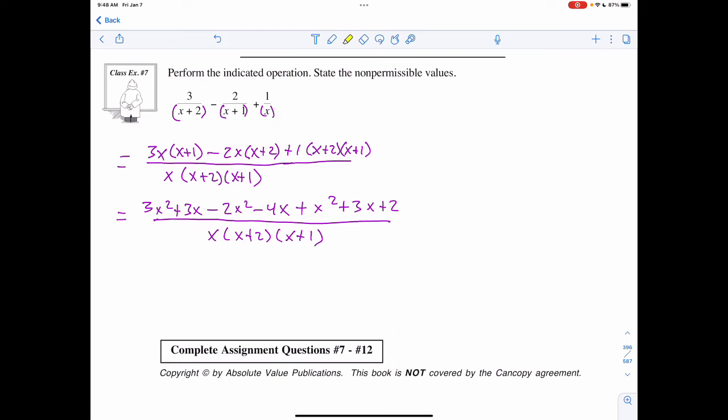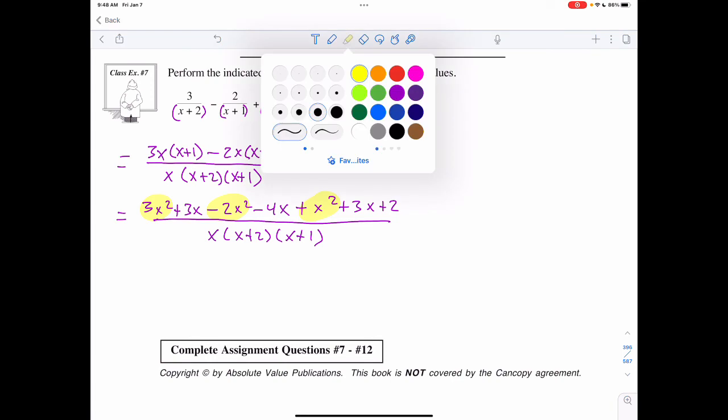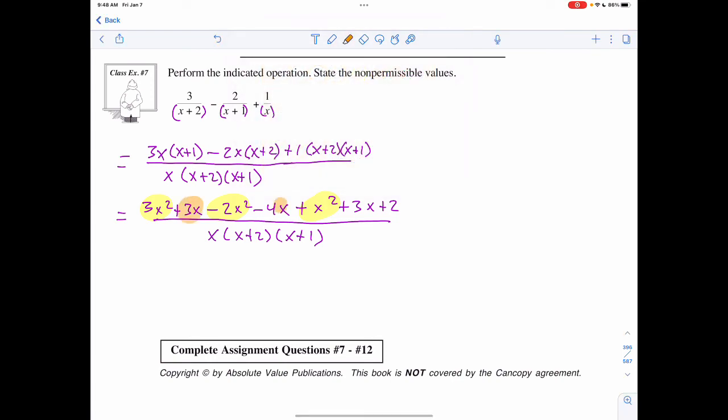I'm going to look for all my x squareds and combine them. I'm going to look for all my x's and combine them. And I only have the one constant, which means that if I did this properly, I'm going to be left with 2x squareds plus 2x's plus 2 all over x plus 2, and x plus 1.